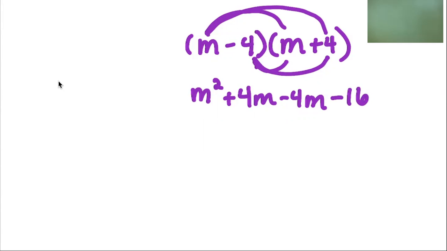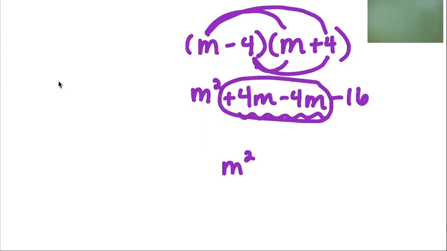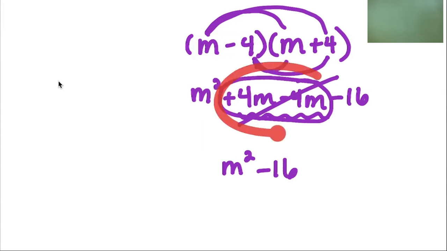Now, if we look at what happens here with my middle terms, we always combine like terms next. My m squared is going to stay. But my middle terms, positive 4m minus 4m, cancel out, and you're just left with the number on the end. When we're missing those middle terms, it's because they canceled.